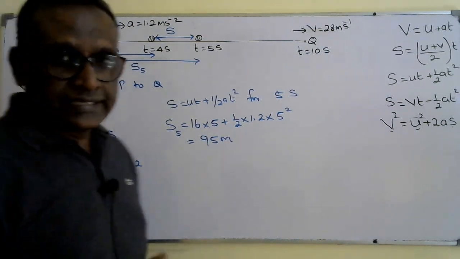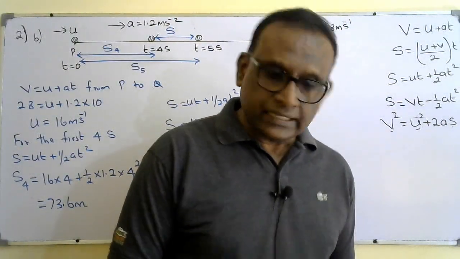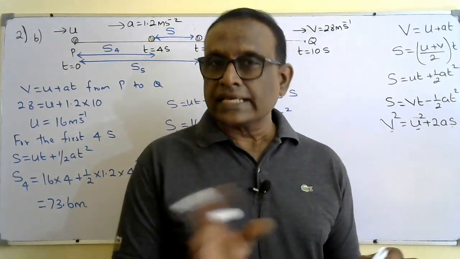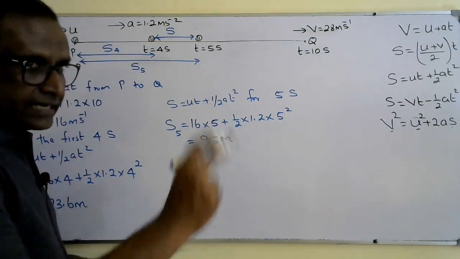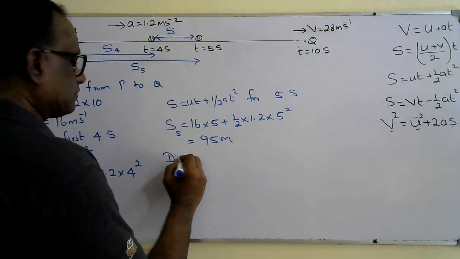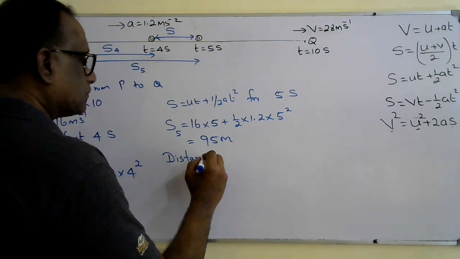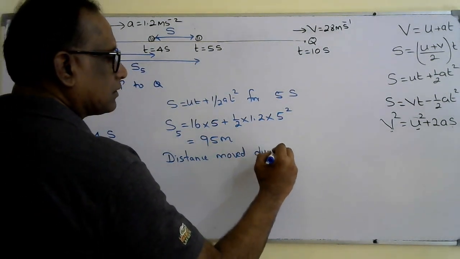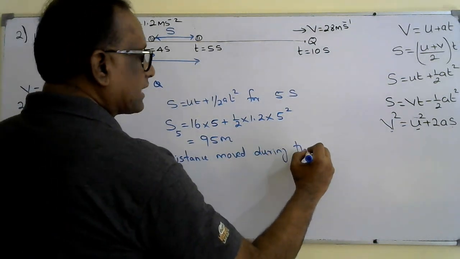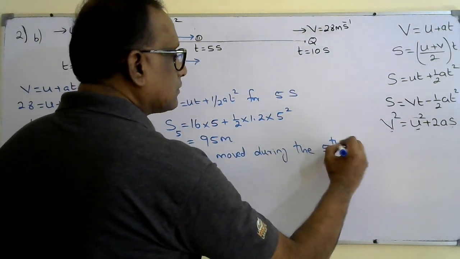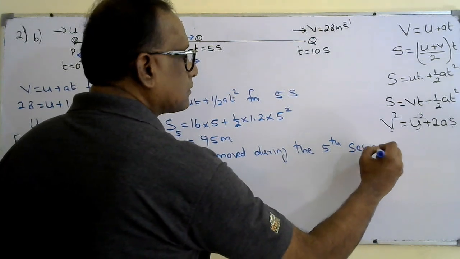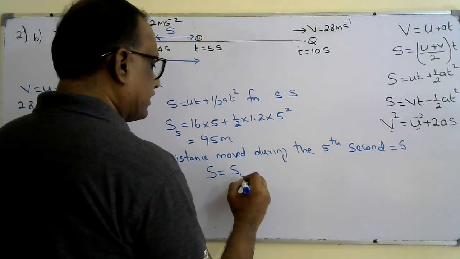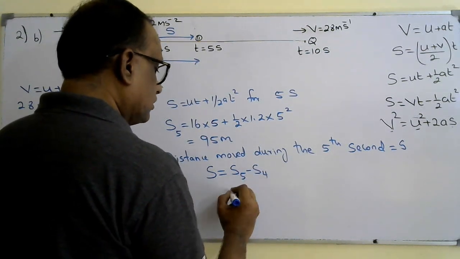Now the question is the distance moved during the 5th second. During the 5th second means from 4 seconds to 5 seconds, during the 1 second interval. So the distance moved during the 5th second, S, is going to be S5 minus S4.